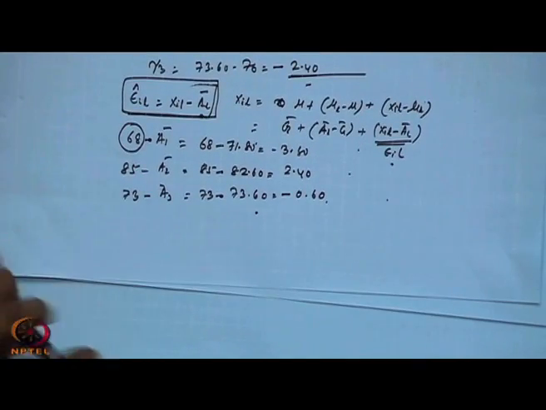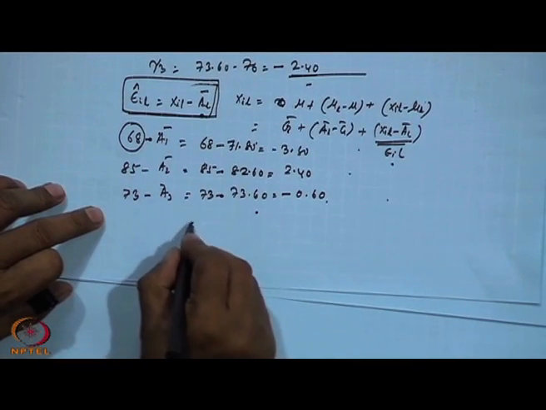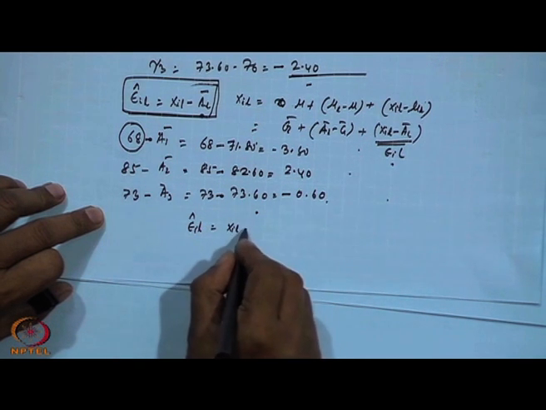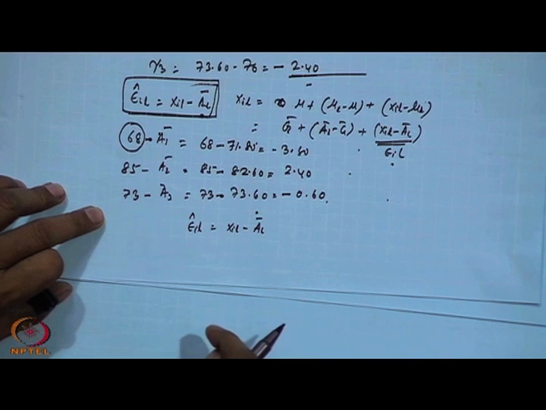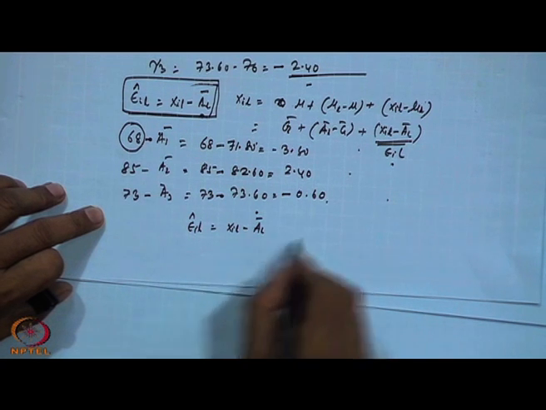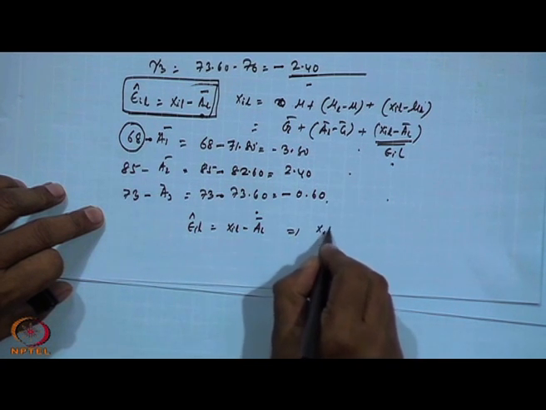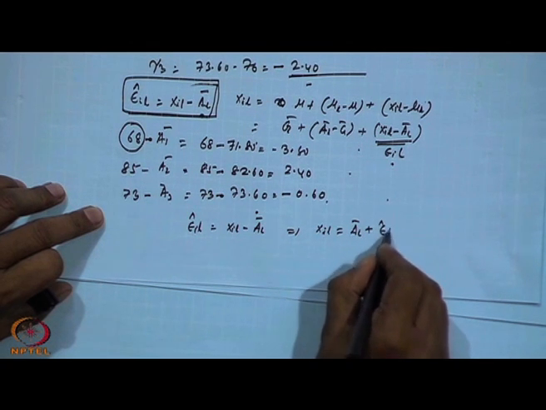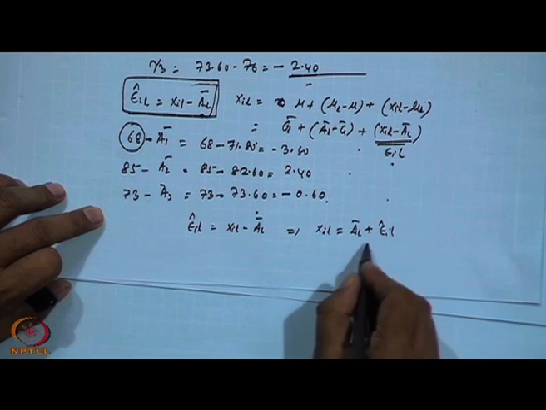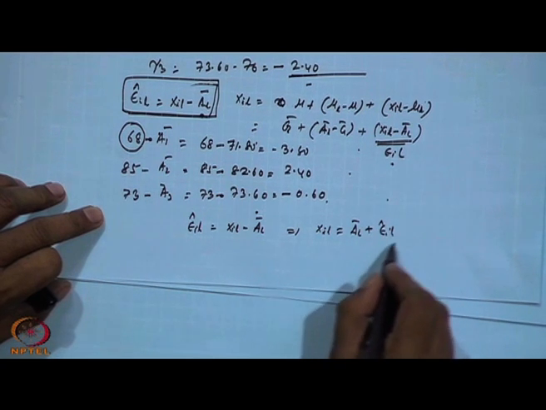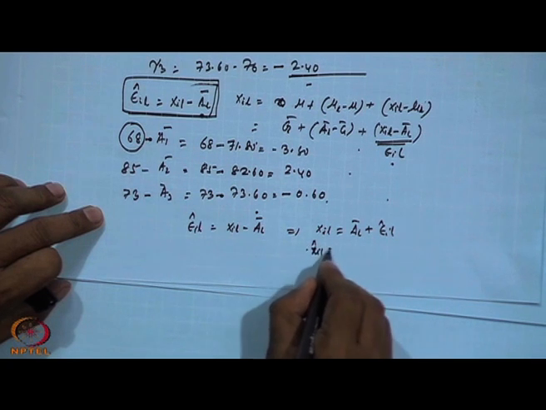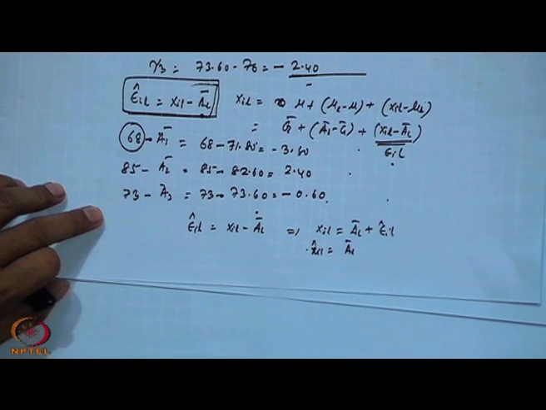You see what we have written here, that epsilon IL is XIL minus AL bar. So, that means XIL equals AL bar plus epsilon IL. Fitted value means without error. So, I can say XIL fitted value is AL bar.